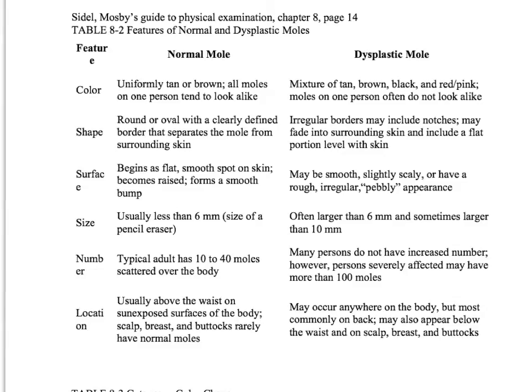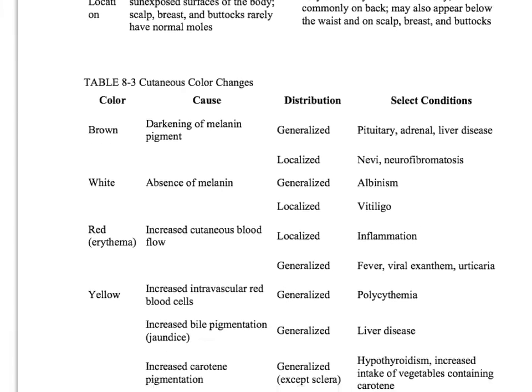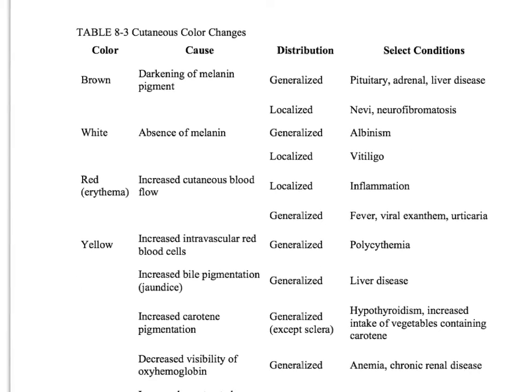And the location is also listed on here, usually above the waist, on sun-exposed surfaces of the body. Dysplastic moles can really occur anywhere, but they're very commonly found on the back. Move down, and we're going to talk about the color changes. Brown, white, red, or yellow.